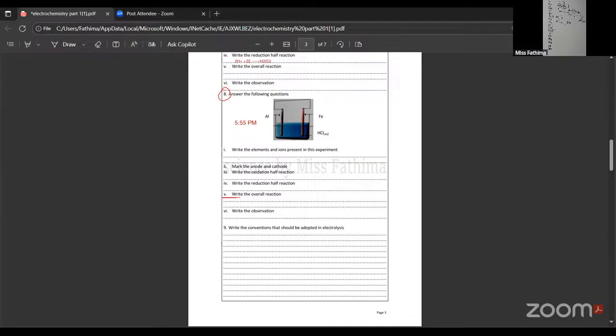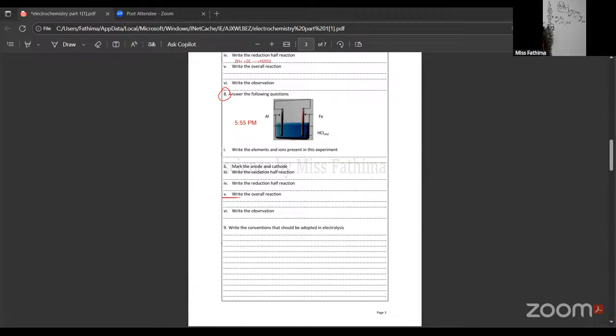Mark the cathode and anode. For that, you have to find which element will undergo oxidation and reduction. So, first of all, you mark: you have aluminium, you have iron, then you have H plus, then Cl minus and OH minus. Out of these elements, which is above? Come on, children, unmute and speak.